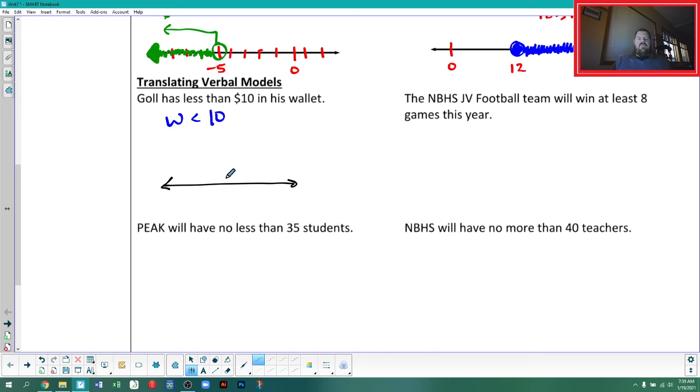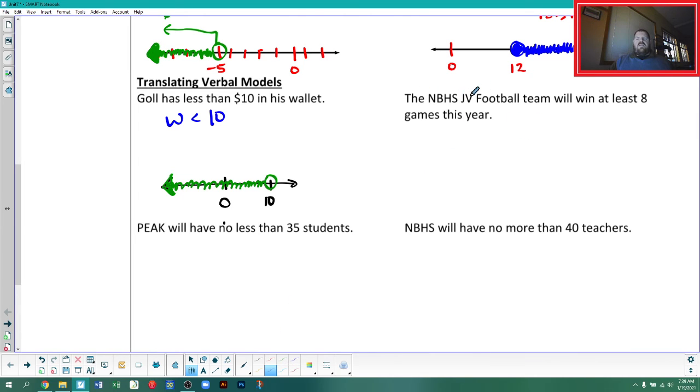And I want you to graph them as well. Again, I want to know where 0 is, and I want to know where 10 is. Now, there are some outlier things here, some things that wouldn't work, but for purposes of today, just go ahead and shade everything smaller than 10. I probably can't have a negative amount of money in my wallet, but who knows? Maybe I've got a debit card that's overdrawn.